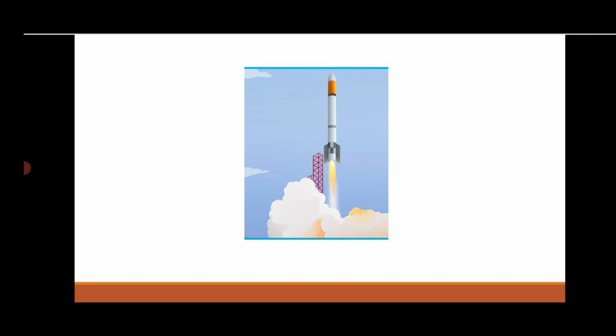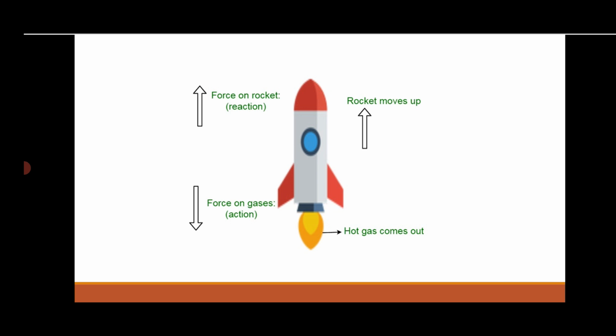When the rocket is launching, the gases produced by the combustion of fuels move in one direction, but the rocket propels in another direction. Why is it so? Here in the launching of the rocket, the action is the force on the gas, but the reaction occurs in the force on the rocket.